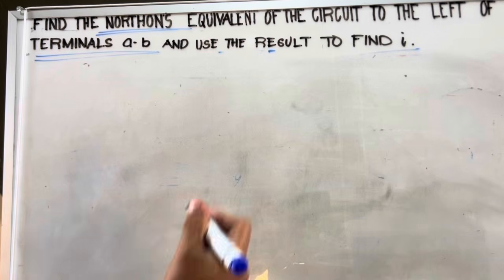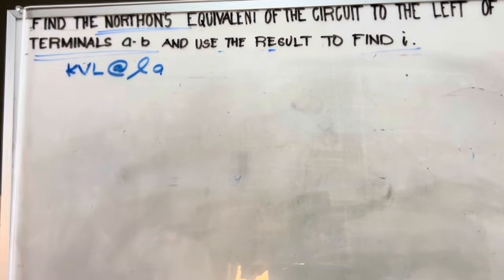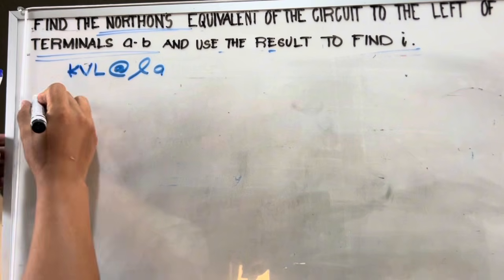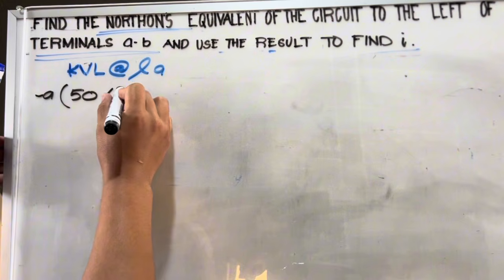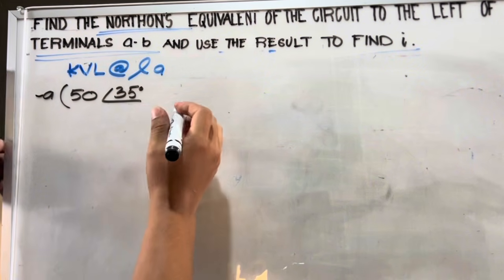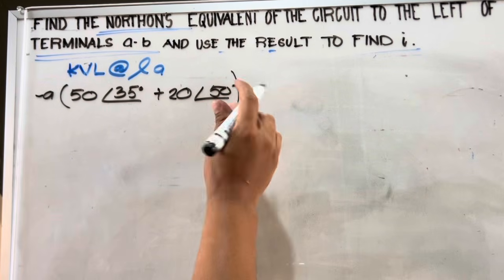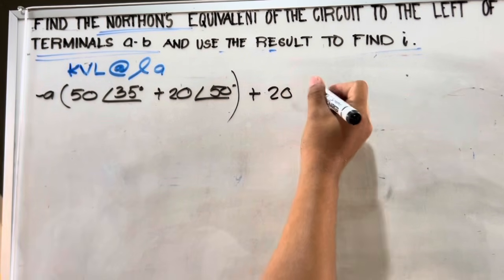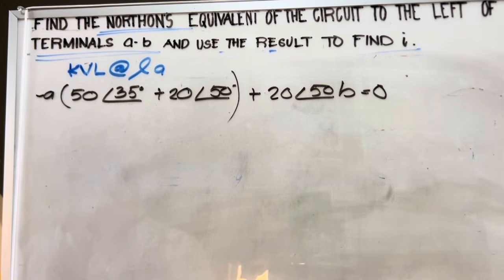A KVL at loop A: negative A times 50 angle of 35 degrees plus 20 angle of 50 degrees times B is equal to 0.